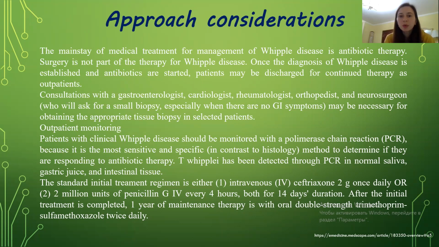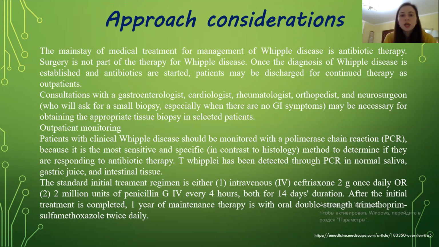Patients with clinical Whipple disease should be monitored with polymerase chain reaction because it is the most sensitive and specific method to determine if they are responding to antibiotic therapy. T. whipplei has been detected through PCR in saliva, gastric juice, and intestinal tissue.